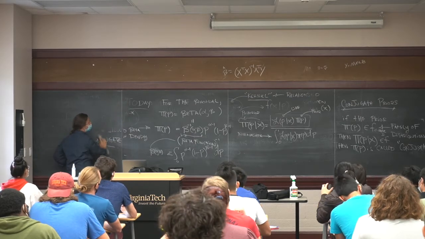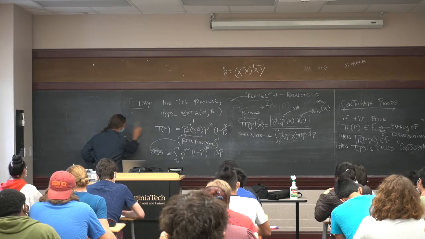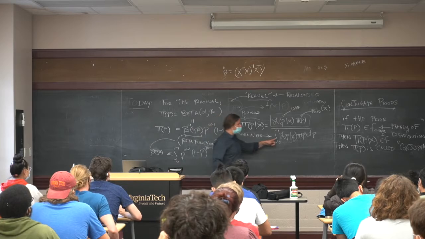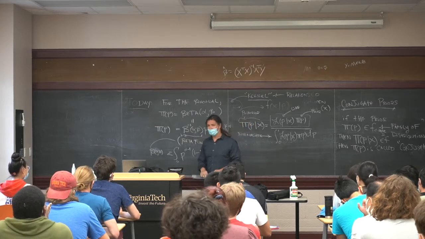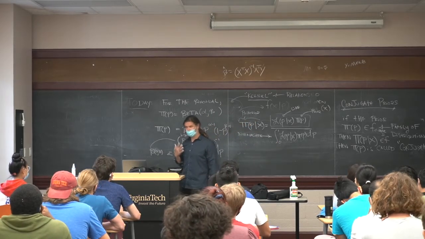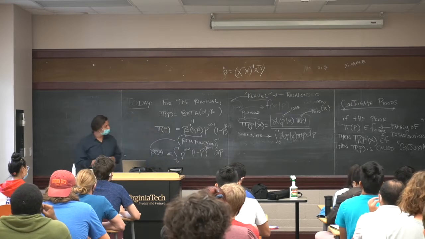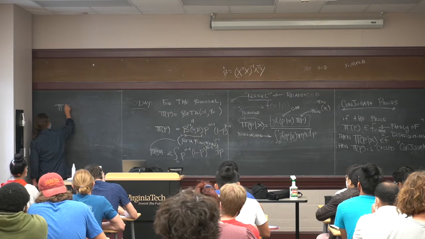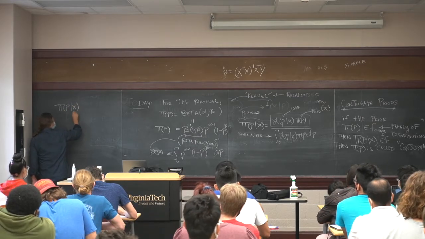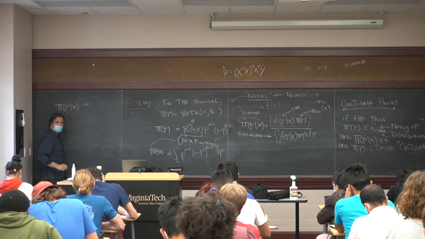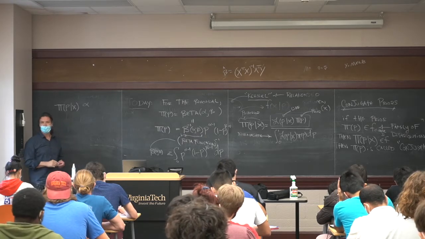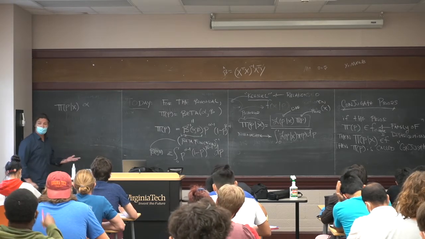Now, I've already told you I can throw away my normalizing constants. If I throw away this thing and I don't think about it, there's no reason to write down the normalizing constant from the sampling distribution in the first place. So I'm just going to write down our posterior is going to be proportional to, and you'll see me do this throughout this class. It's really just a shortcut, so I do less math, but I get the same answers.